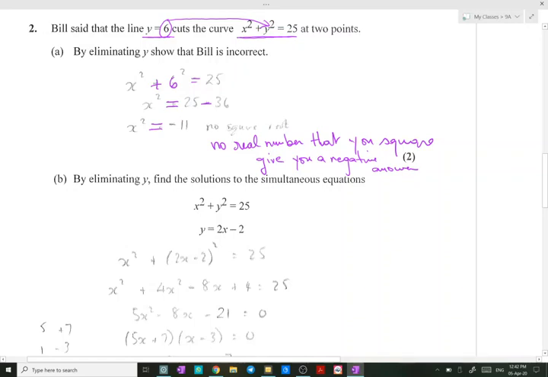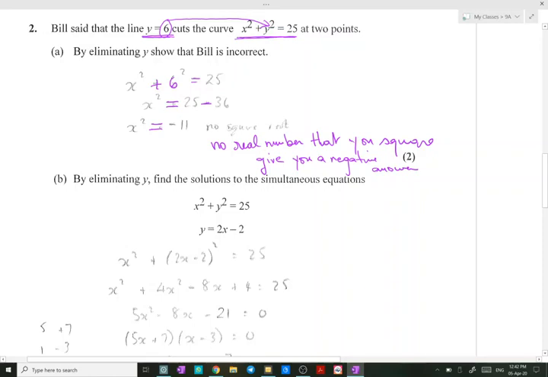Therefore, you have no solution for this system. So for y equals 6 and x squared plus y squared equals 25, there's no solution.